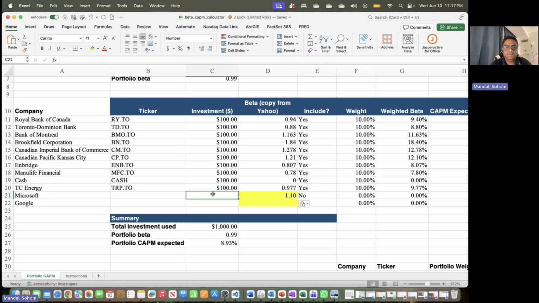Here, I put 100 for both of them, with the ticker .TO. And then again, I'll do the same thing for Google.